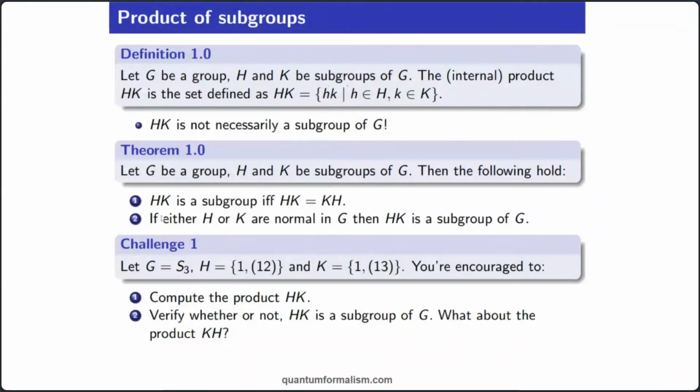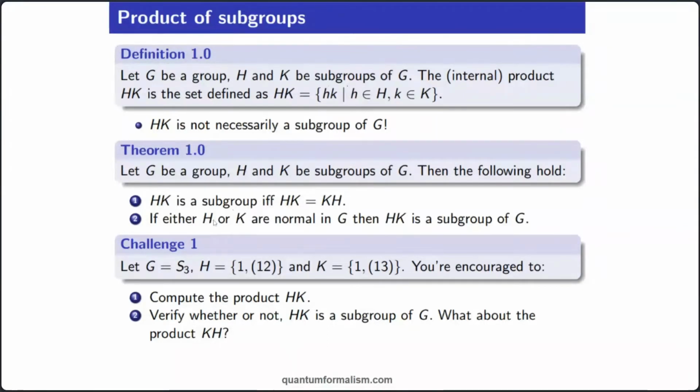Then the second part of the statement is, I hope it's a little bit clear here: if either of them, H or K, is normal, then the product HK is a subgroup of G. Only one of them needs to be normal, not both.